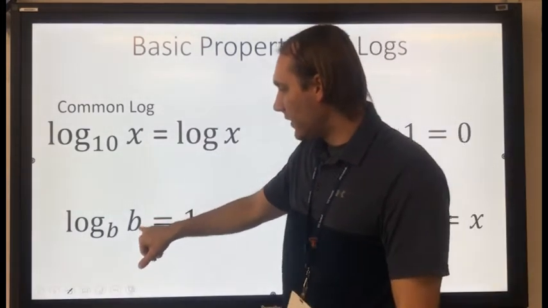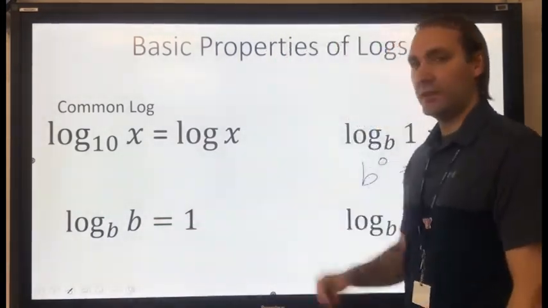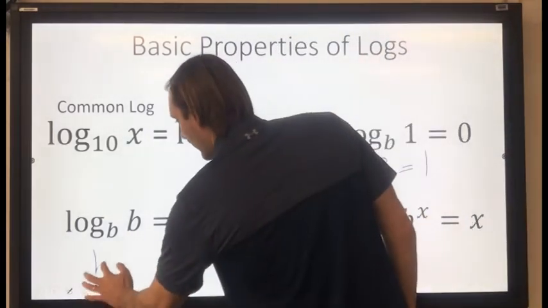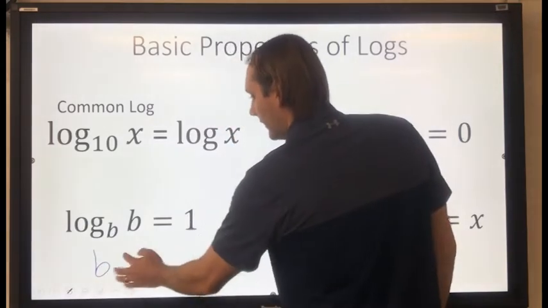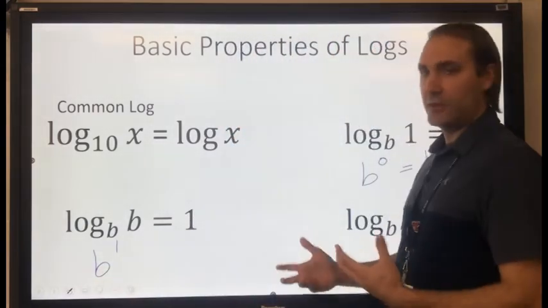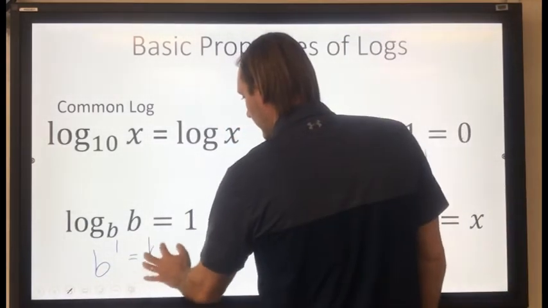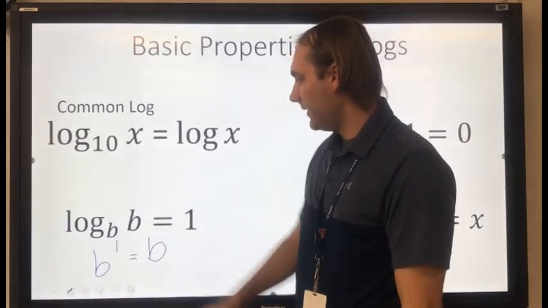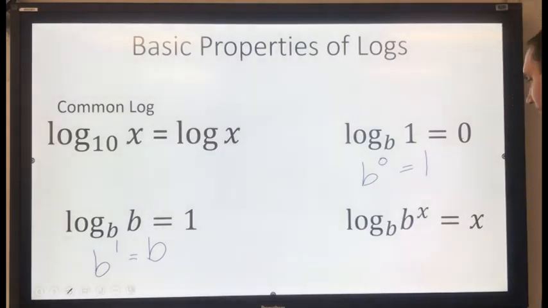Likewise, if your log is the same as the base, it is going to be equal to 1. Now, how does that work? Again, I have my base b here, raised to the 1 power. Anything to the 1 power is the same number, in this case, b. So that's why if you have your log the same as your base, that will equal 1.